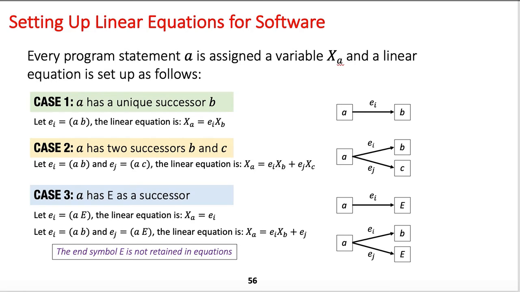The variable for program statement A is denoted by x sub A, and the variable for program statement B is denoted by x sub B. Now if the program statement has two successors B and C, then we have two successor elements E sub I and E sub J. E sub I is the pair A comma B, E sub J is the pair A comma C, and we set up the equation x sub A is equal to E sub I times x sub B plus E sub J times x sub C.